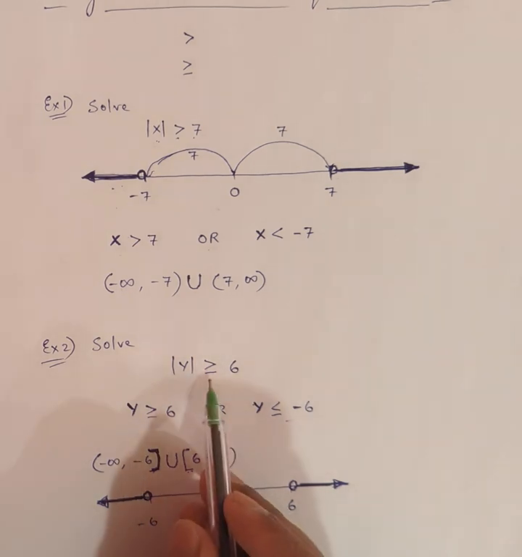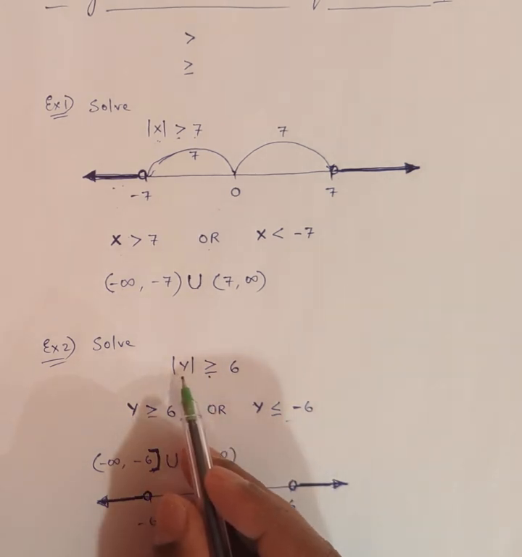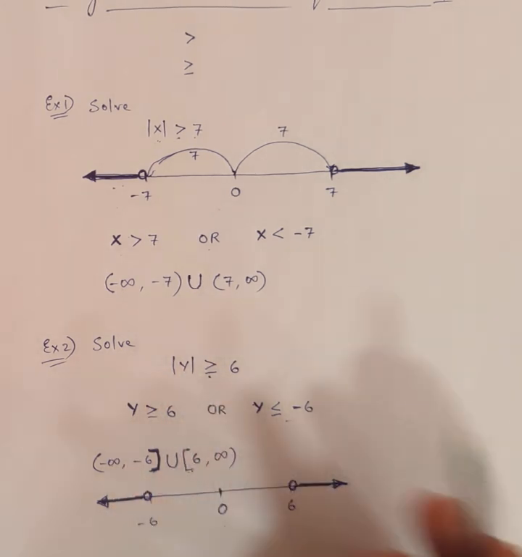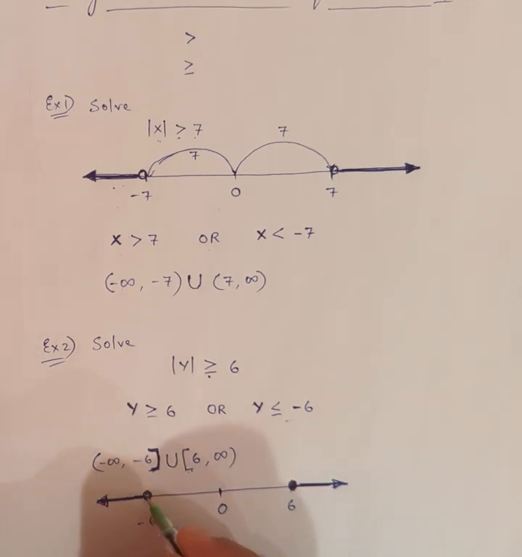And this time, since I'm including equality, I'm looking for all those numbers whose distance is greater than or equal to 6. So even 6 is part of the solution, and so is negative 6.